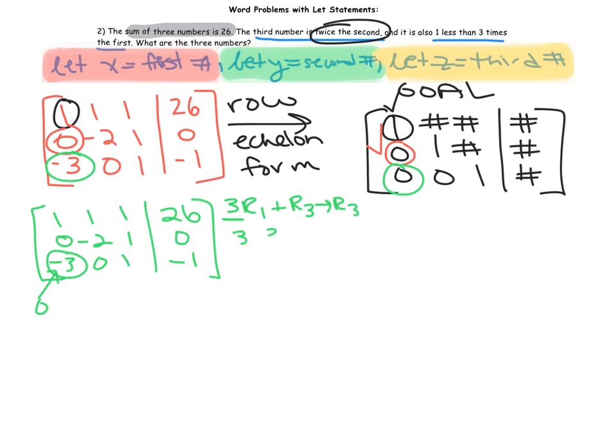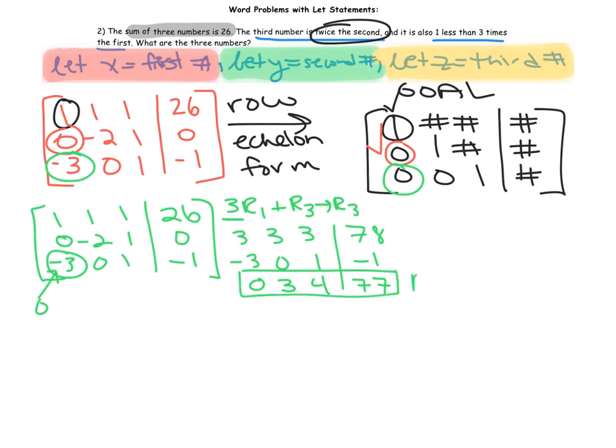So we'll have 3, 3, 3. 26 times 3 is 78. I have negative 3, 0, 1, negative 1. We're just adding vertically. Okay. And there is my new third row. So let's write it out.